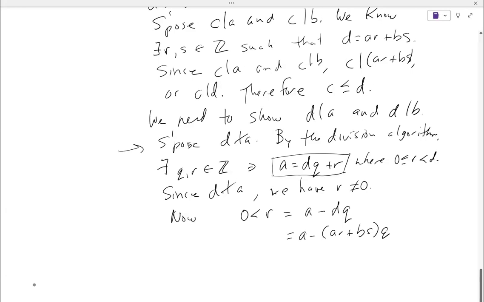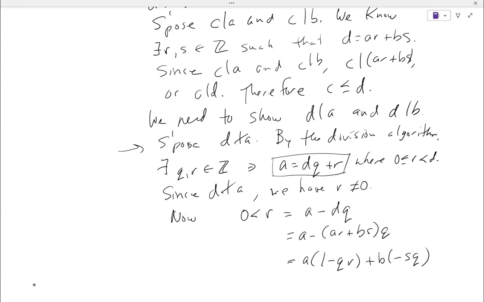And now if we rearrange a little bit, this is A times 1 minus QR plus B times negative SQ. I do a little bit of algebra. Shockingly enough, doing algebra in an algebra class. Call me crazy.